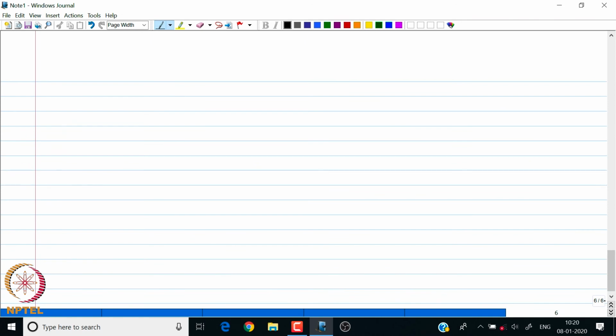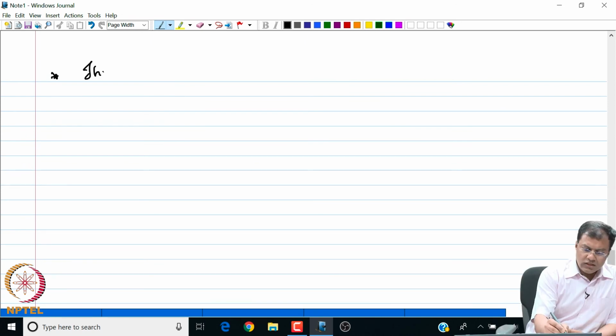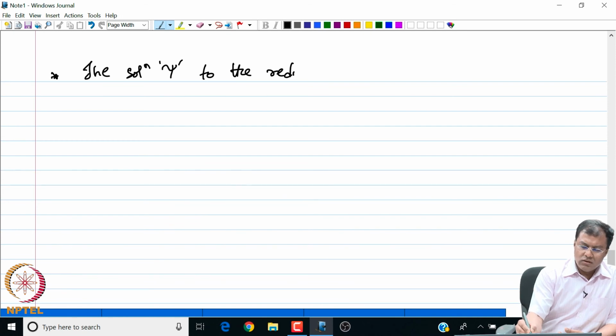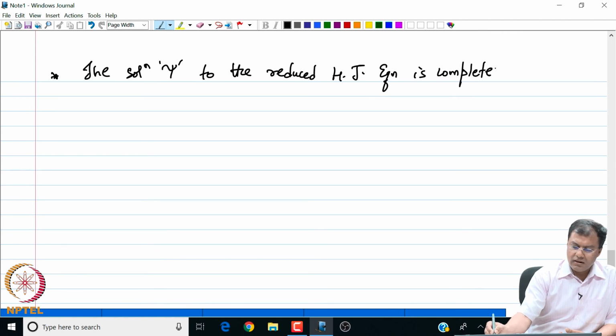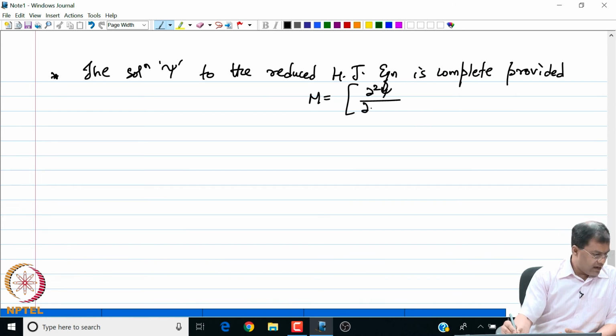It turns out that the solution psi to the reduced Hamilton-Jacobi equation is complete provided m, which is given by del 2 psi del qi del alpha j, is non-singular, right.